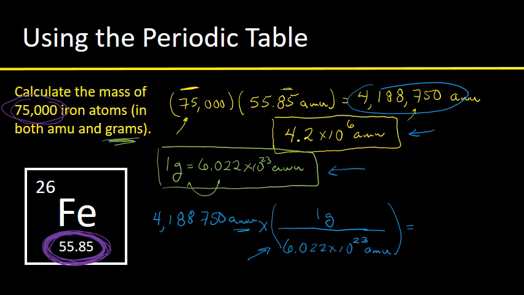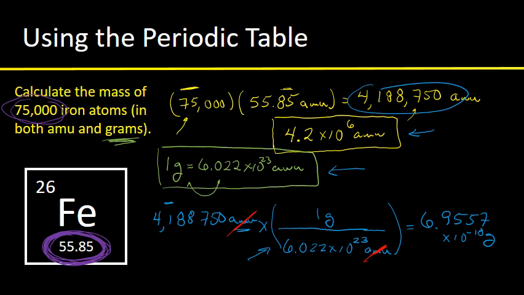All right. Okay, so we'll check our units. Our AMUs cancel out. And if we plug this into our calculator, okay, I got 6.9557 times 10 to the minus 18 grams. Okay. And then we want to think about our significant figures.